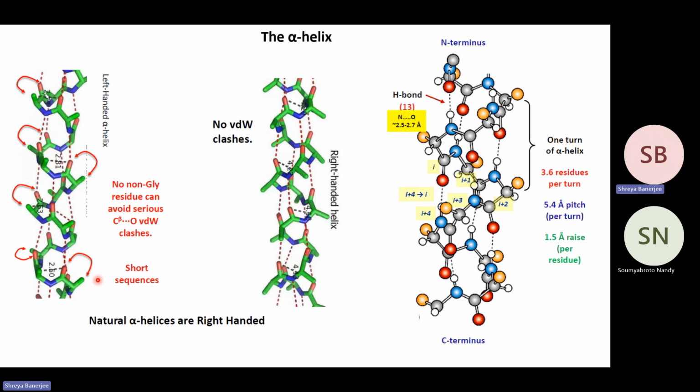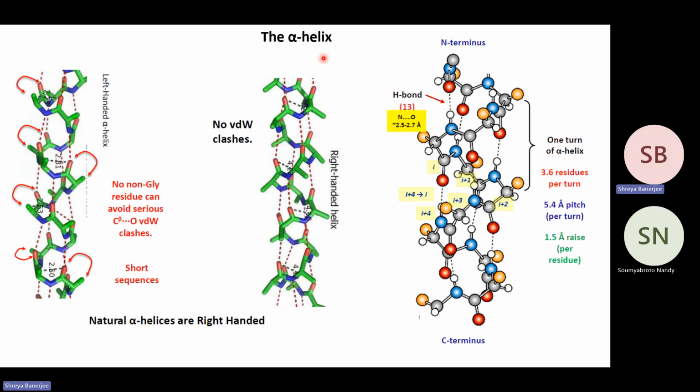Energetically, the left-handed alpha helix is not preferred. But if you look at the right-handed alpha helix, you can see the CO is pointing up and the C alpha and its substituents are pointing down. So sterically, the right-handed alpha helix is preferred because there are no van der Waals clashes between the substituents on C alpha and this carbonyl oxygen.